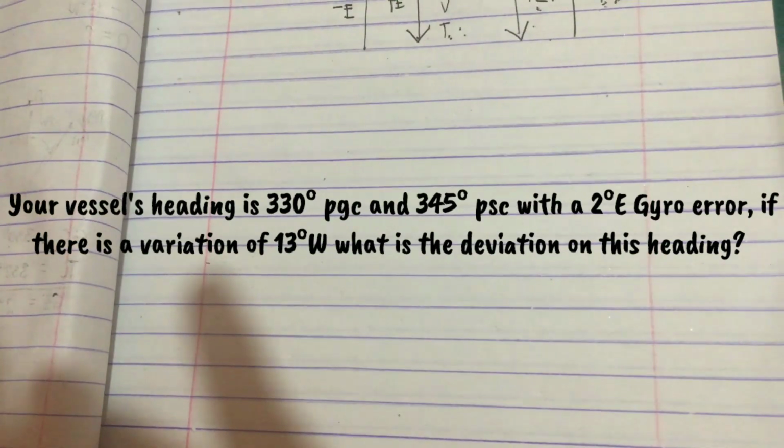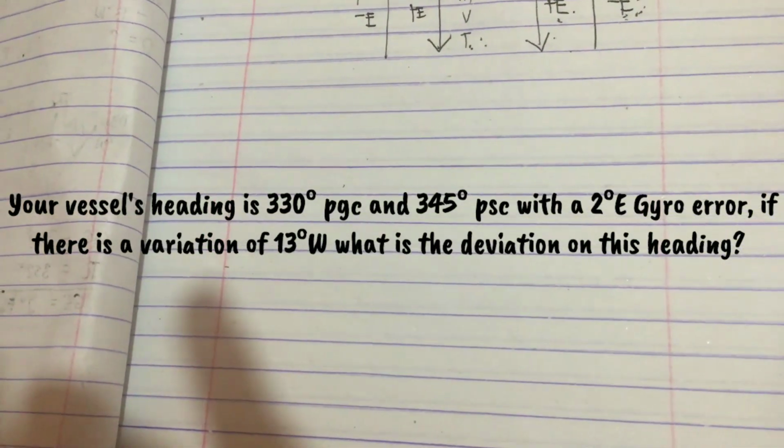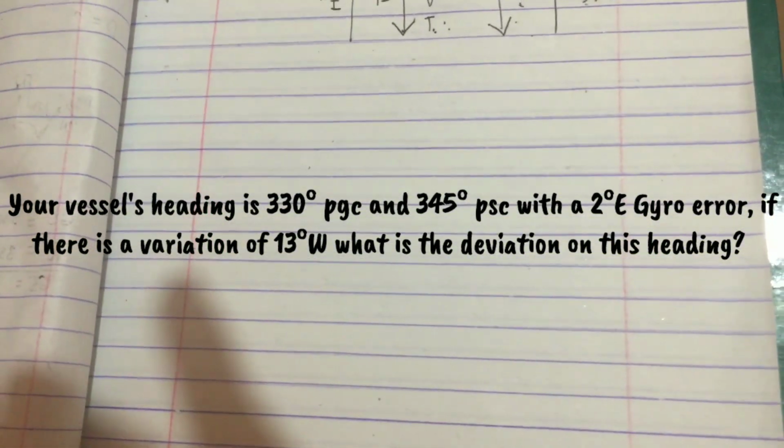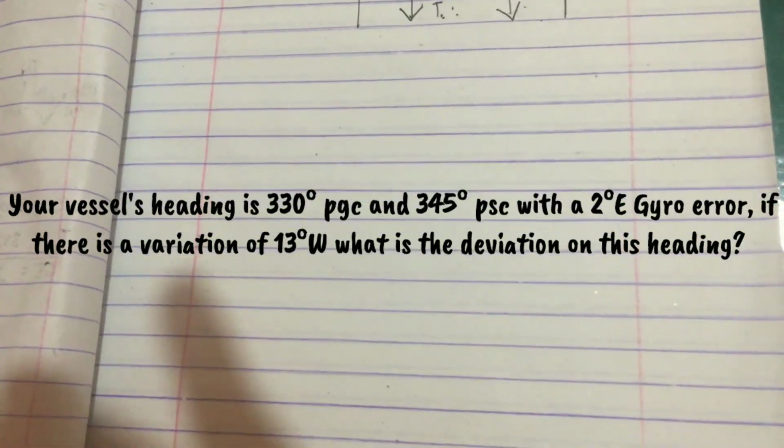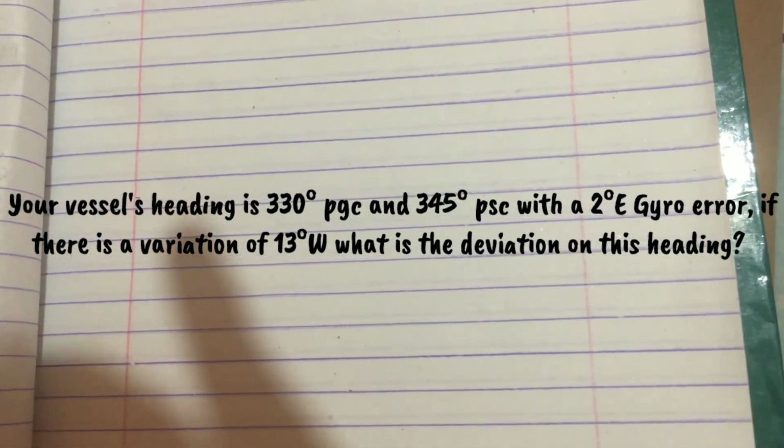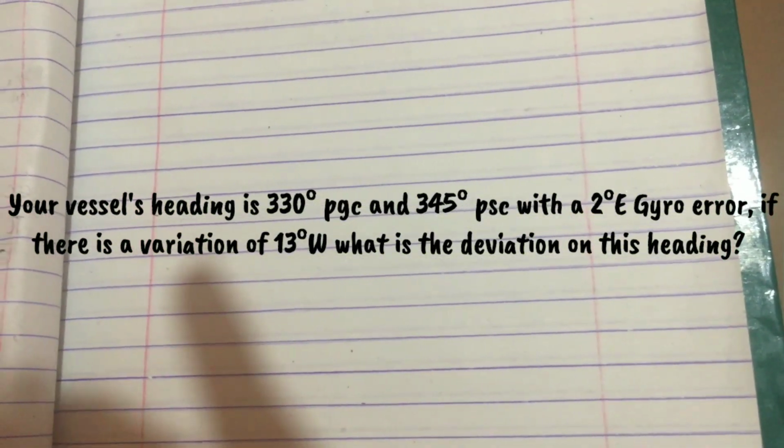If there is a variation of 13 degrees west, what is the deviation on this heading? In this problem, this involves the gyro course, the compass course, the gyro error, and the variation. So we will find the deviation using the gyro course, compass course, and the variation.